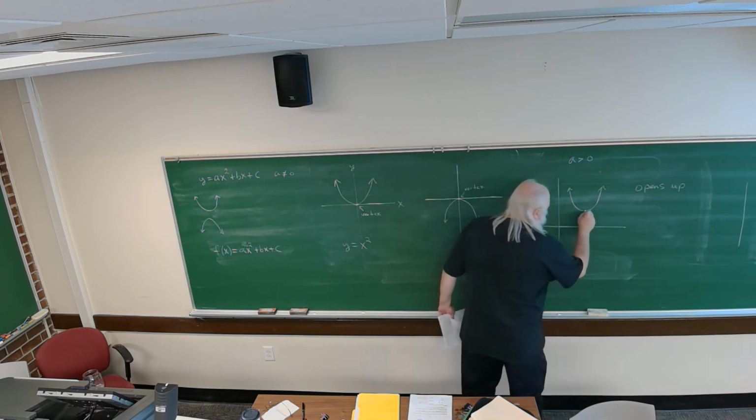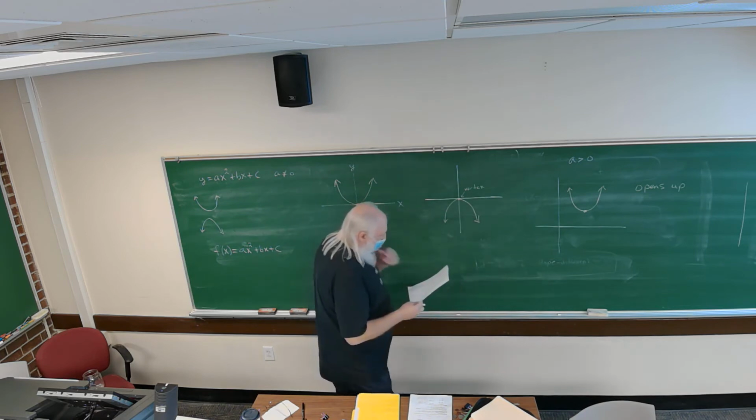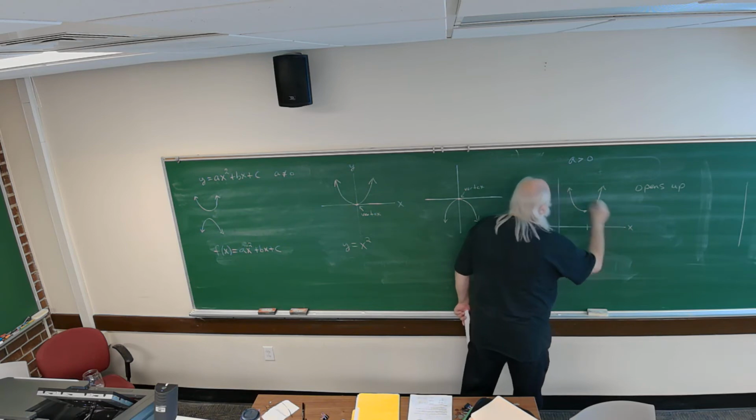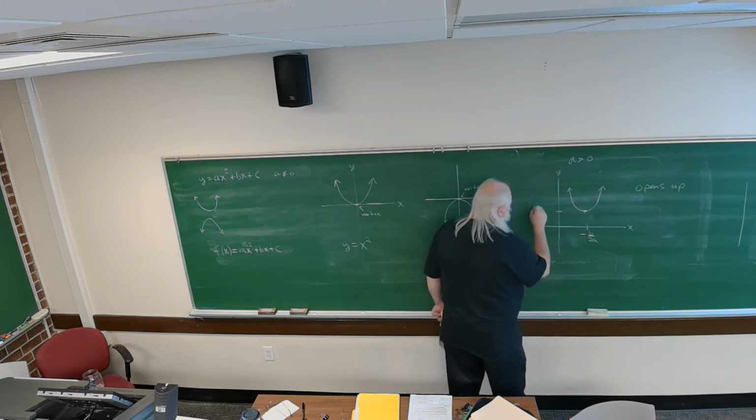And this is the vertex, the lowest point in the parabola. And that vertex is located at an x coordinate of minus b over 2a, and its y coordinate is f of minus b over 2a.